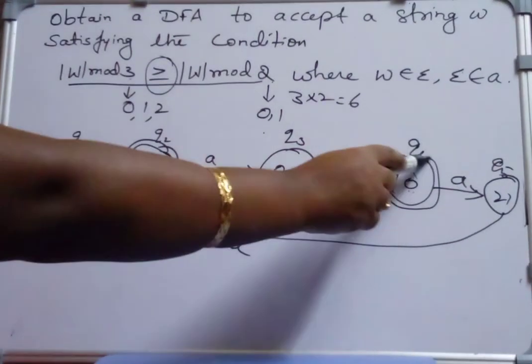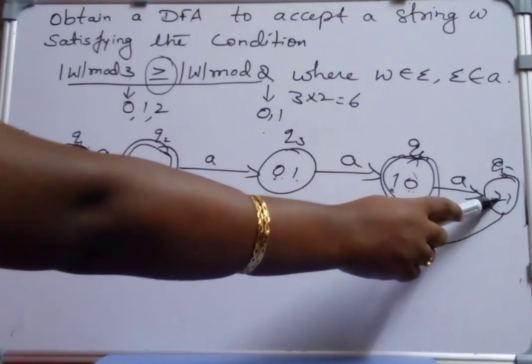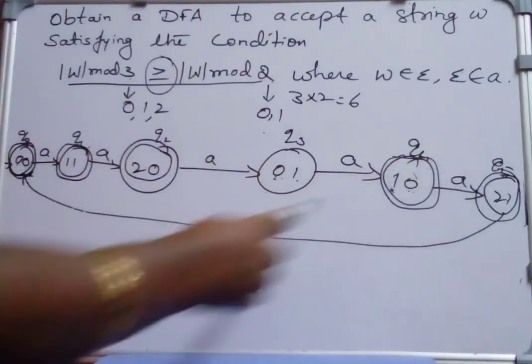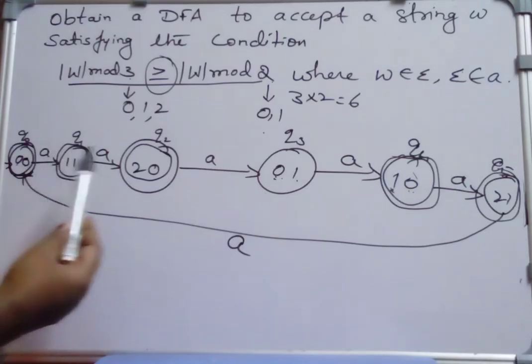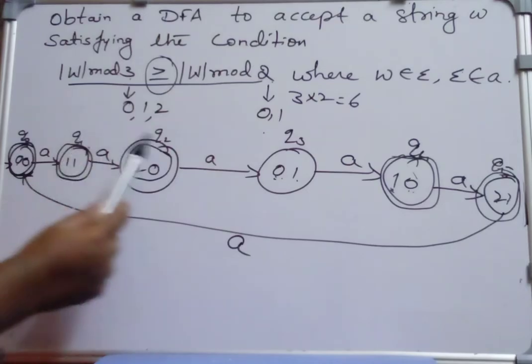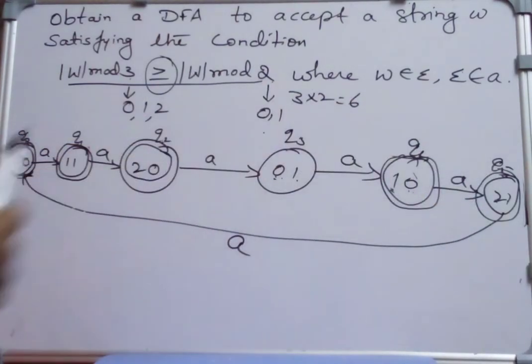So this state also will be a final state. Similarly here, mod 3 remainder 2 and mod 2 remainder 1, and this also will be our final state. So how many final states does this DFA have? It has 5 final states, that is Q0, Q1, Q2, Q4 and Q5.